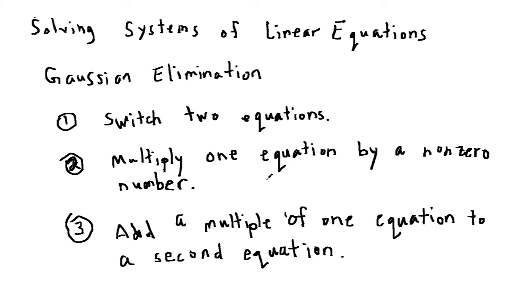Okay, but don't worry if this doesn't make a lot of sense yet. It'll make a lot more sense by looking at an example. Okay, so let's say we have this system of equations.